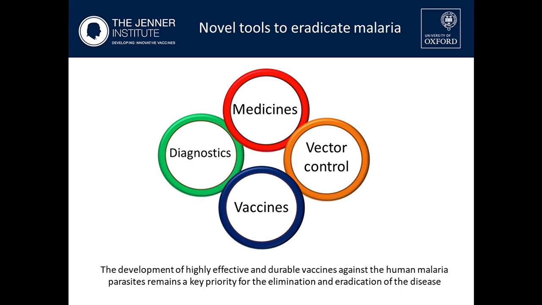Last but not least, there are vaccines, and the international community agrees that the development of a highly effective and durable vaccine would be key in the elimination and eradication of the disease.